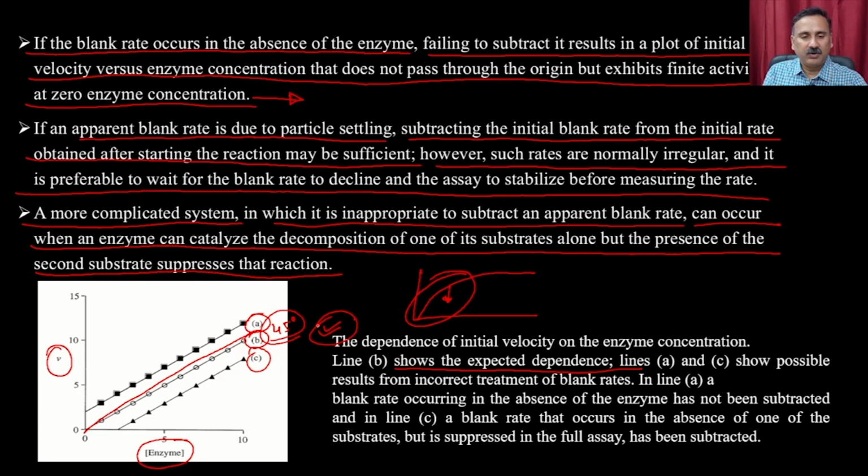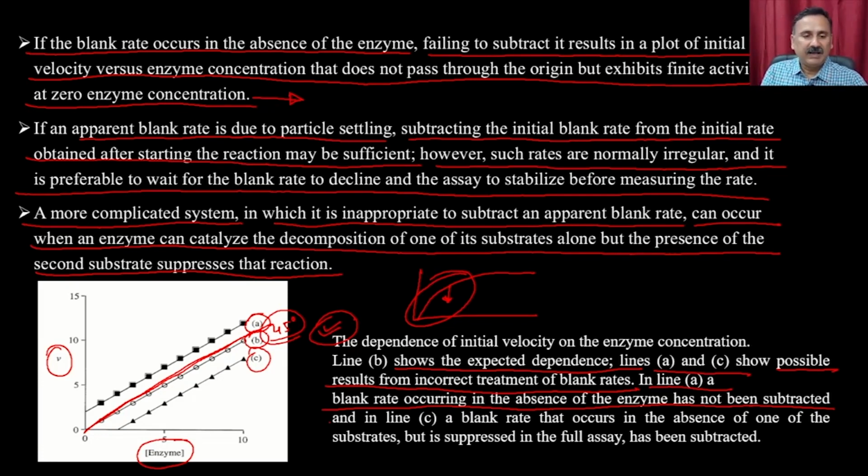So this is going to be ideal. Whereas A and C show the possible results from incorrect treatment of the blank rate. In line A, the blank rate occurring in the absence of enzyme has not been subtracted. So this is the ideal rate you're going to measure when there are no blank rates.